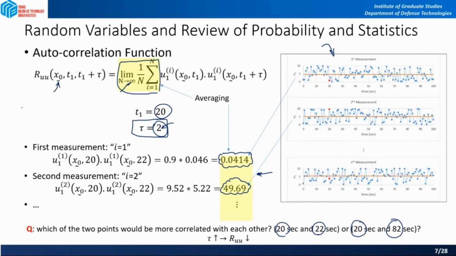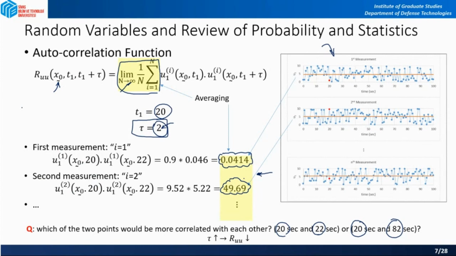I guess the first option is more correlated. Yes, the closer you are to the original point, the more correlated they would be. If you think about two closer points quantitatively, it means that the number you get has a higher value. In general, the autocorrelation is a number between -1 and 1.